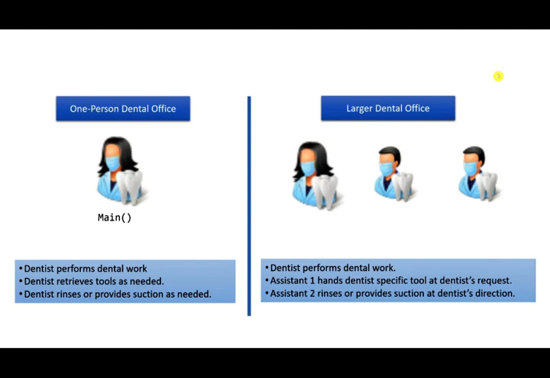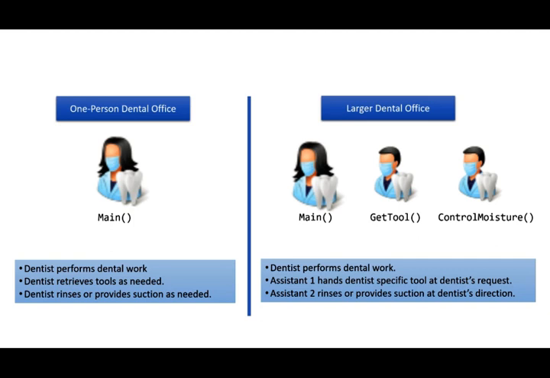If you want to delegate responsibilities to other parts of your program, that's more like having a main method that calls get tool in order to get a tool, or control moisture in order to do rinsing or suctioning. So that explains how methods can be used to perform tasks on behalf of the main method.